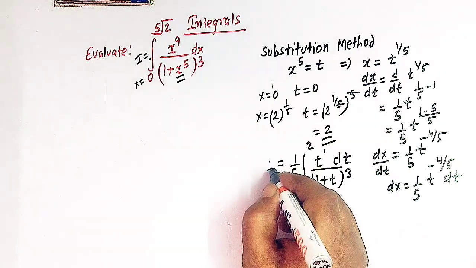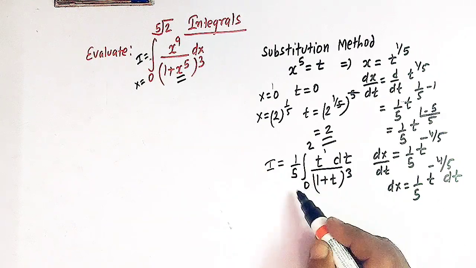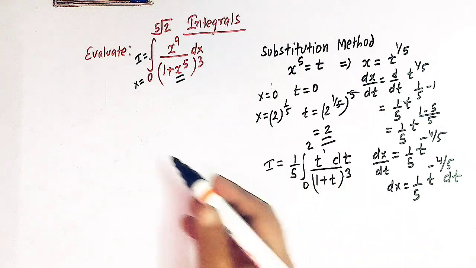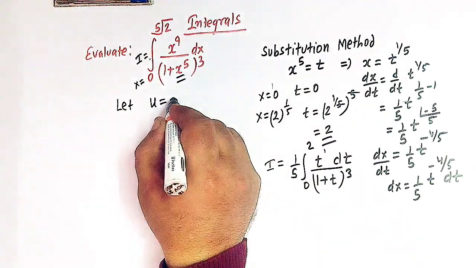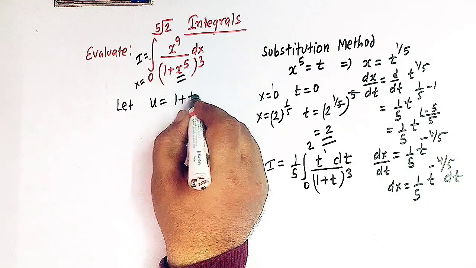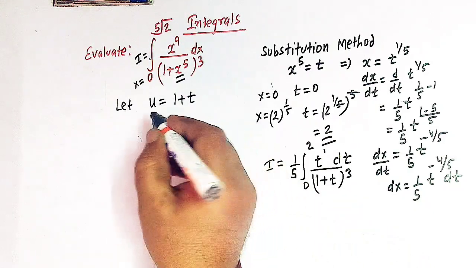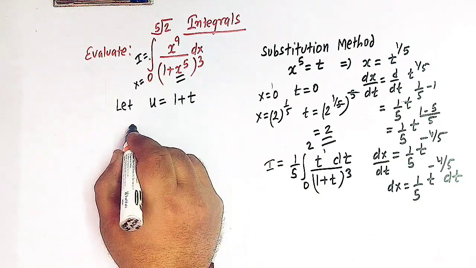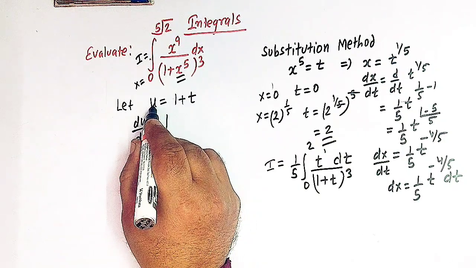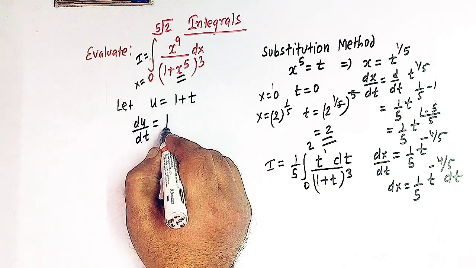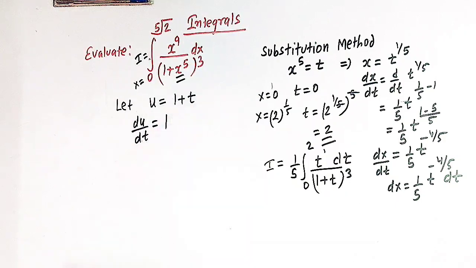So now we have this integral I. Here again we can make another substitution, and let us take u is equal to 1 plus t, introducing a new variable u, and du over dt is simply 1. The derivative of u with respect to t is 1, because the derivative of 1 is 0 and the derivative of t is 1.